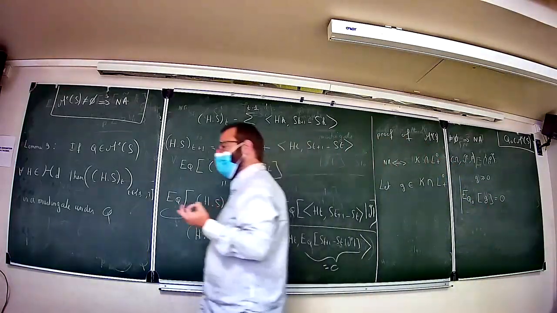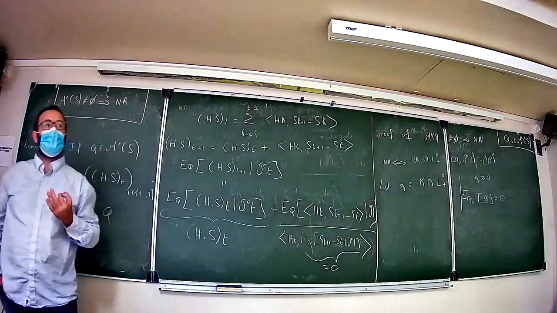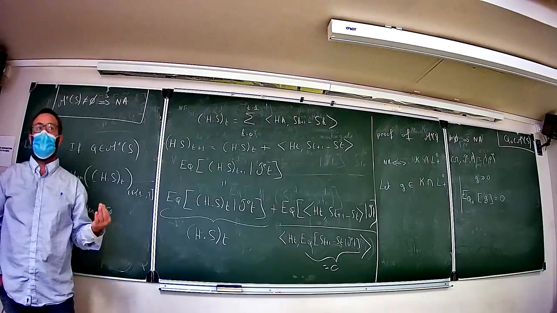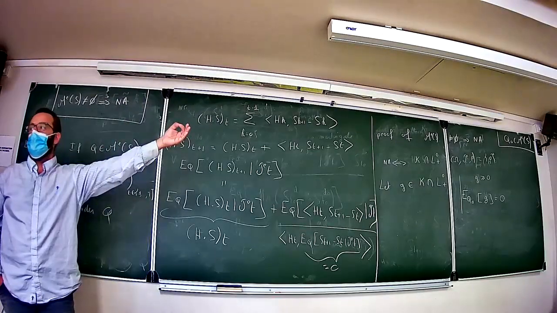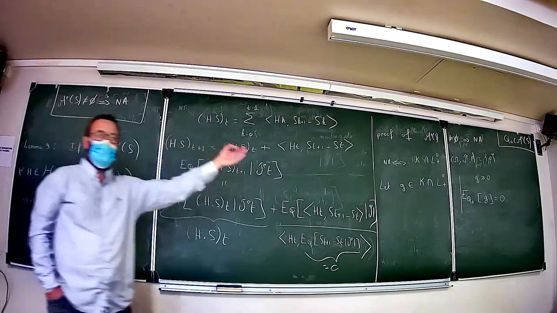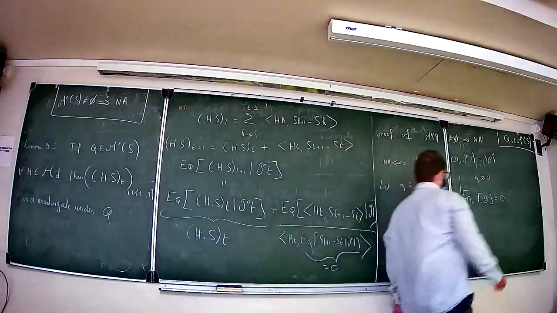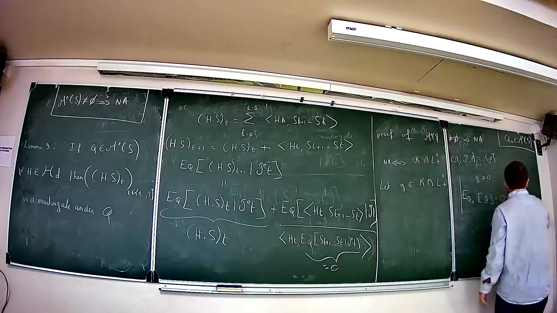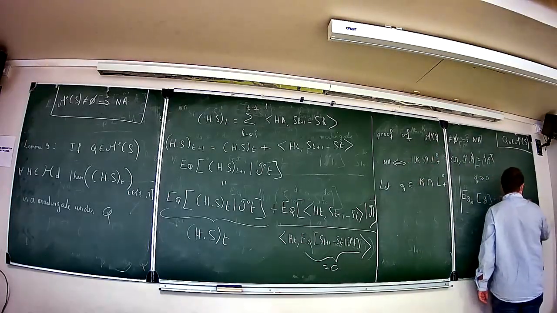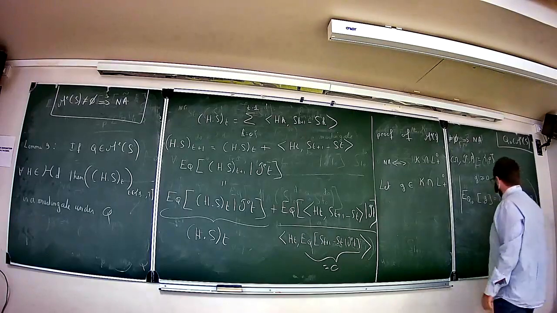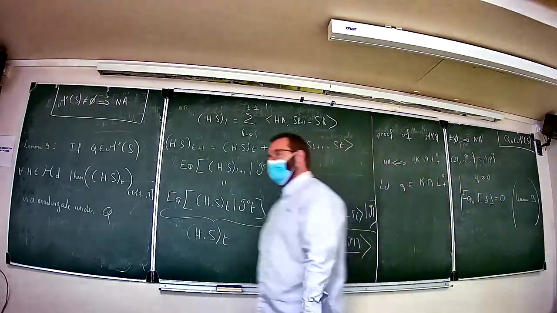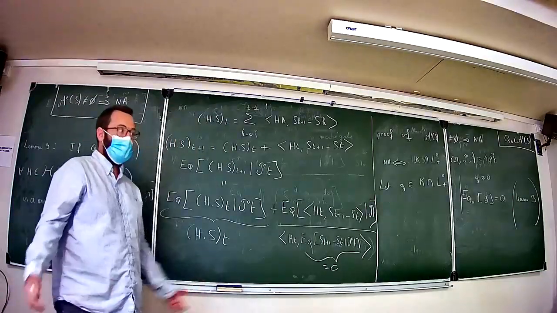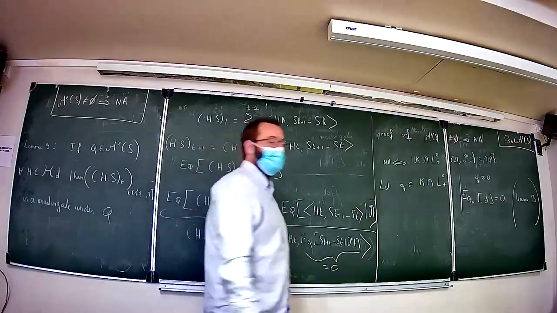That's 0, because the martingale is constant in expectation. If you start from 0, the expectation of your final value will also be 0. So this one is because of lemma 9. And a martingale is constant in expectation. If it starts from 0, the expectation of its final value is also 0.